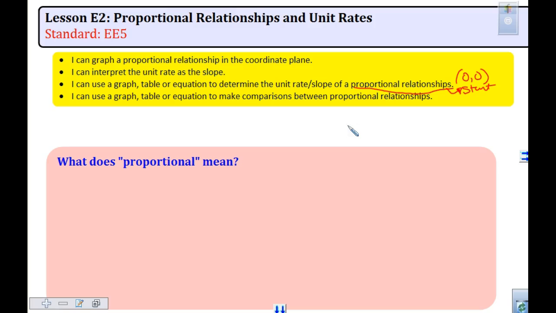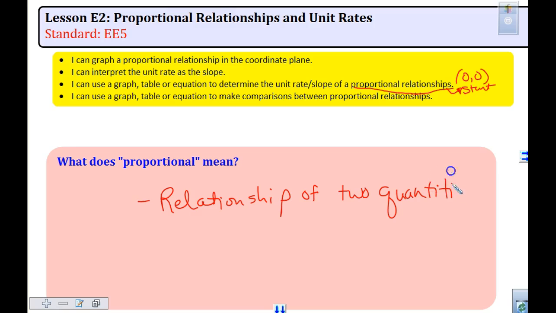Proportional means that we are relating two quantities to each other. It's a relationship of two different quantities. And when we think about that, usually they have a constant ratio, or there's a constant addition or subtraction.